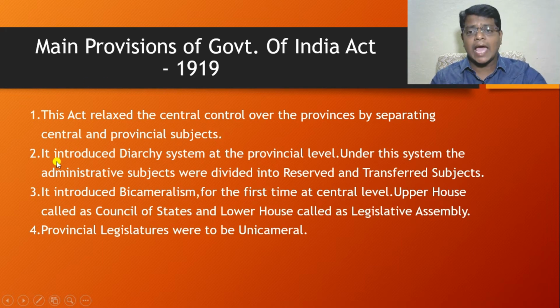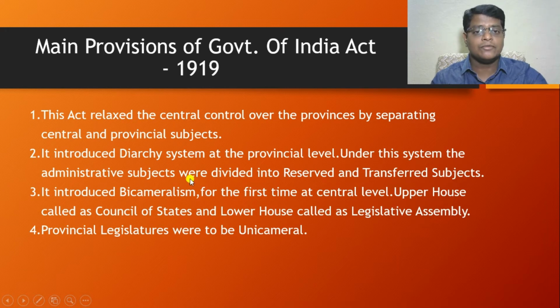This act introduced the diarchy system at the provincial level. What is the diarchy system? Diarchy is the dual government system. Under this system, the administrative subjects were divided into reserved subjects and transferred subjects.